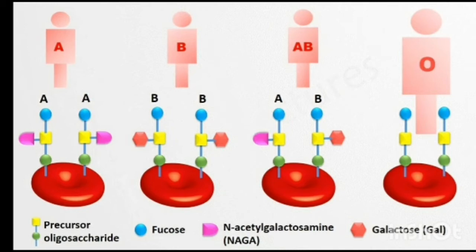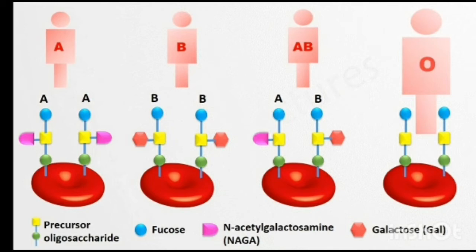The AB blood group consists of antigen A as well as antigen B, that is N-acetyl galactosamine and galactose. And in the O blood group, there is no galactose, there is no N-acetyl galactosamine.